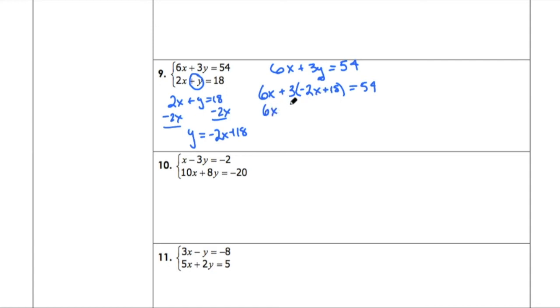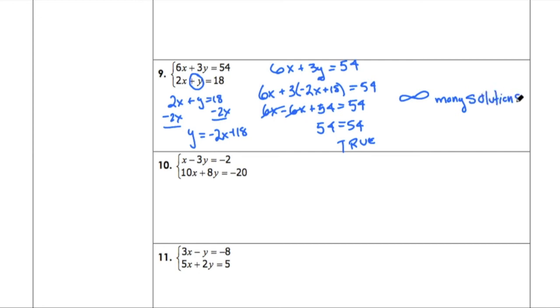So 6x, we're going to distribute, so minus 6x, and then plus 54 is equal to 54. 6x minus 6x cancels out, and we're left with 54 is equal to 54. Well, that's odd. It's true, but it's odd.